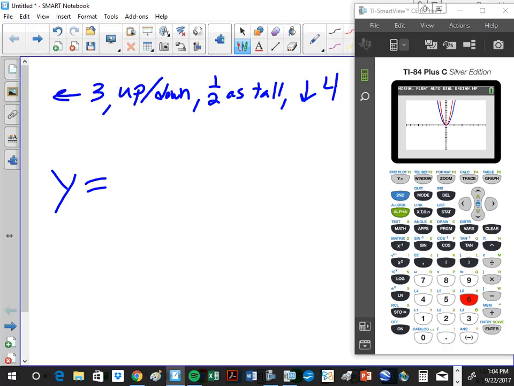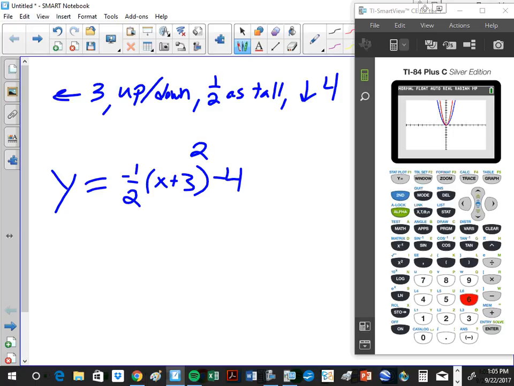What would I do to write that equation? Negative 1/2 (x minus 3) squared minus 4. Does everybody understand that? You guys good? Anybody not get that? Do you need another one, or are we okay?